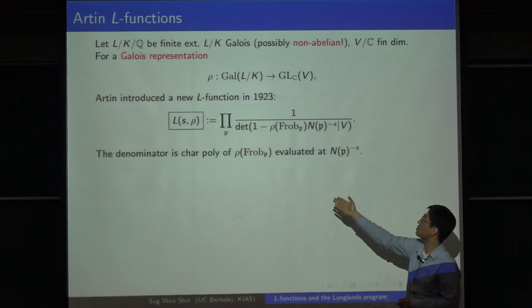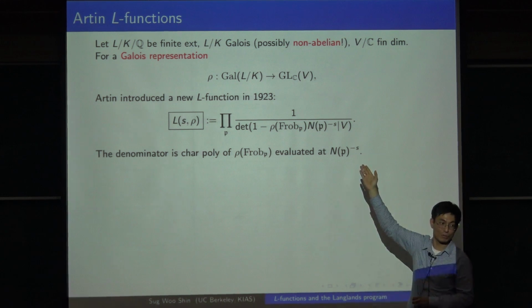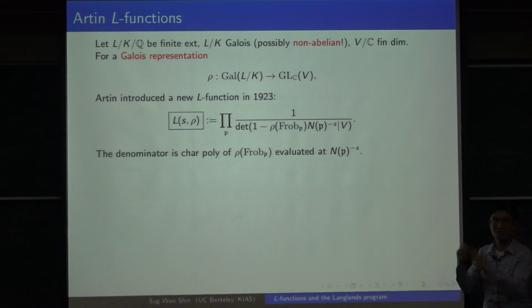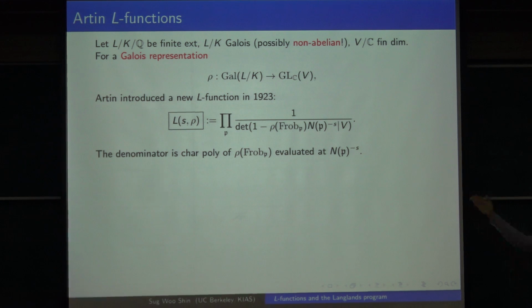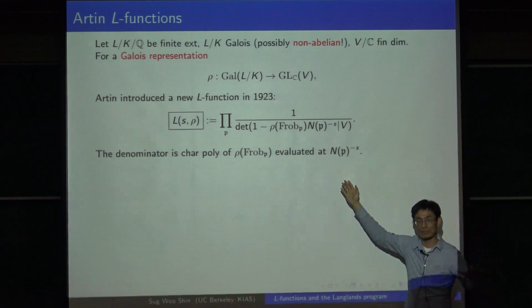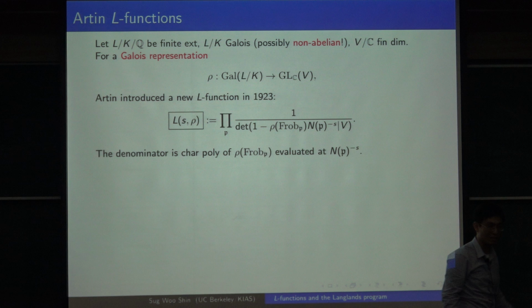What is rho for P? It's just some element of GL(V). That's just a matrix. And given a matrix, you can take a characteristic polynomial. And you evaluate the characteristic polynomial at this particular number, the norm of P to the negative s. It sounds like a strange thing to do, but if you remember the definition of Hecke L-functions and Dedekind zeta functions, then that's a natural number you expect to see.